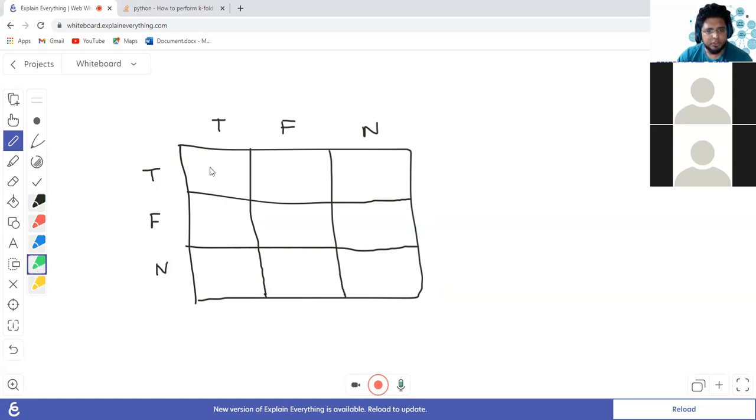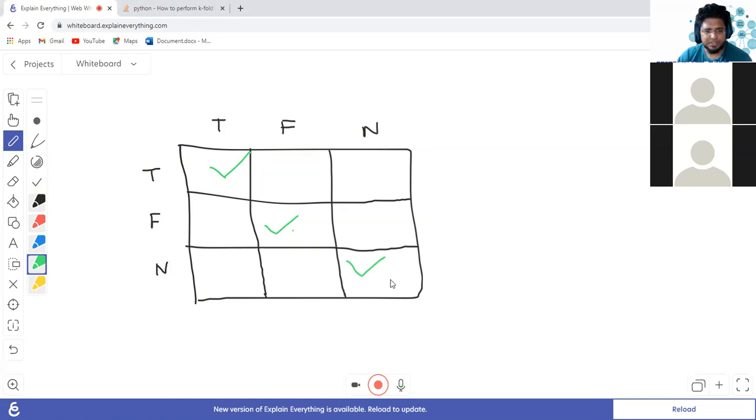So here also this box and this box are the good boxes. So this is true positive, true negative, and this can be said to be true, no result. So all of them start with true.